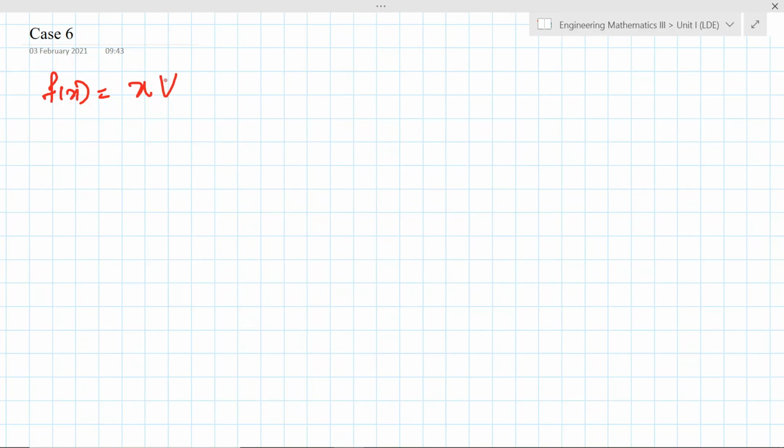If it is there, then we cannot use this case. Only x into v, where v is again a function of x, any function of x. Then how do I get the particular integral for this case?